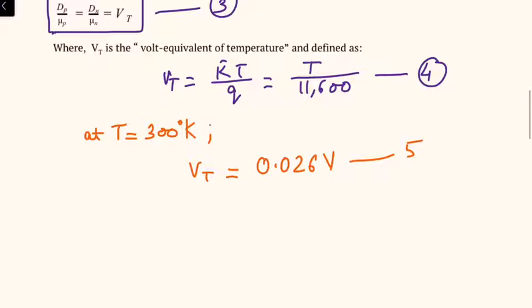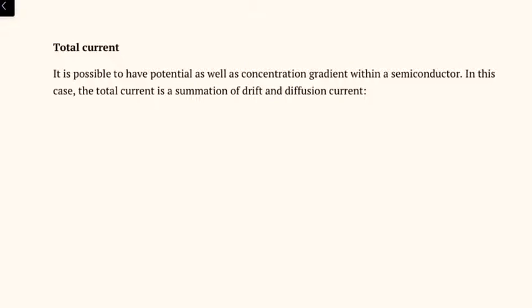Now if we want to calculate the total current density due to diffusion and drift, it is possible to have a potential as well as a concentration gradient within a semiconductor. In this case, the total current is a summation of drift and diffusion current.